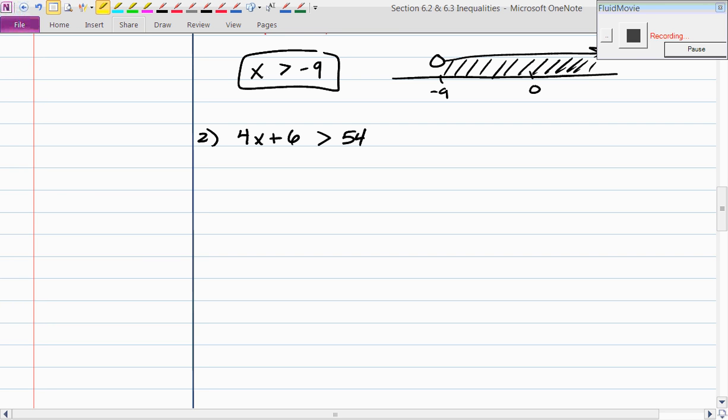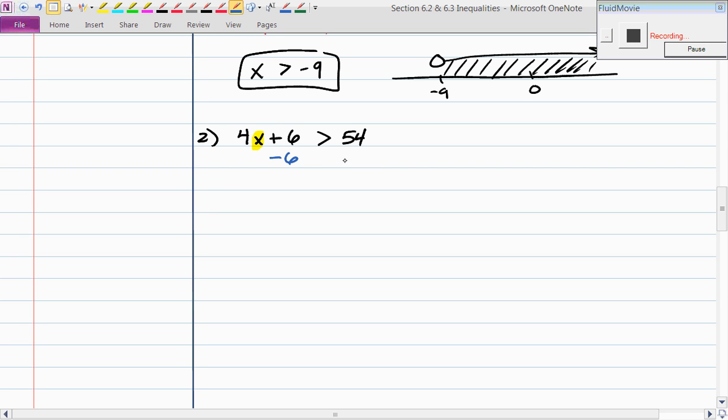Where's the variable? X, good. Okay, now, from x, am I multiplying 4, adding 4, dividing 4, subtracting? I'm multiplying 4, and then I'm adding how much? 6. So I need to undo everything on the left-hand side. So what would be my very first step? Subtract 6.